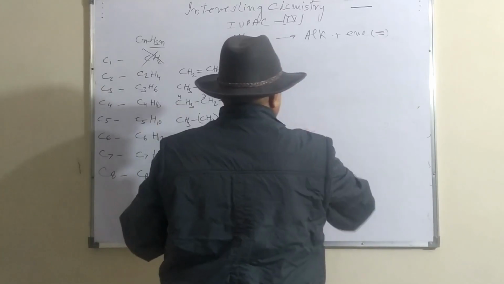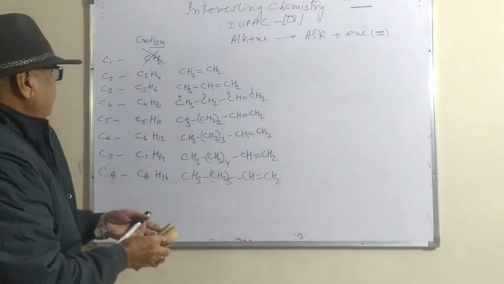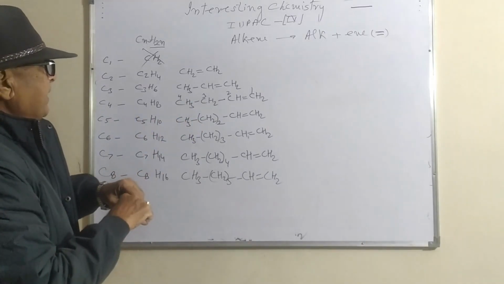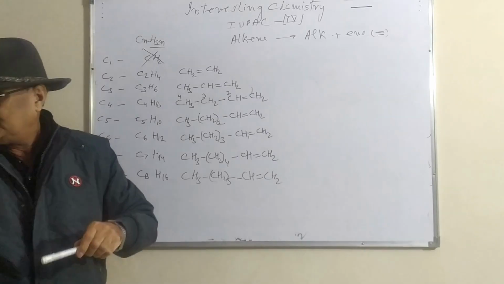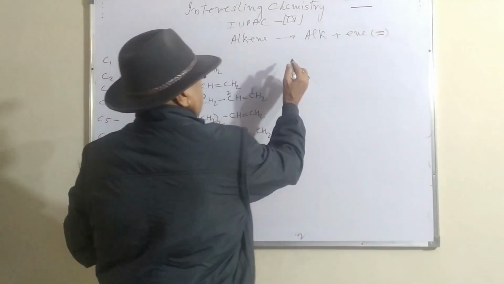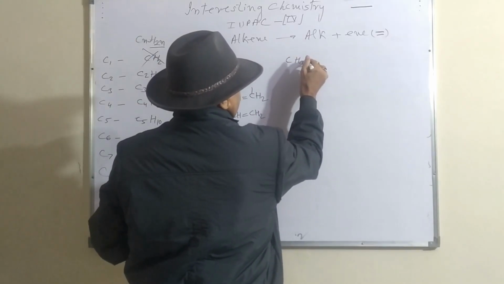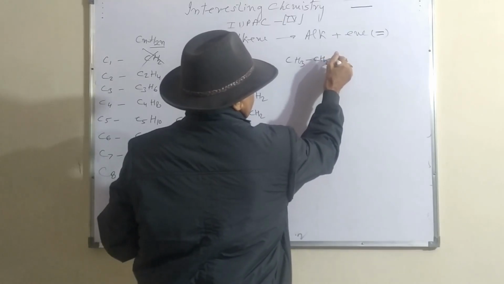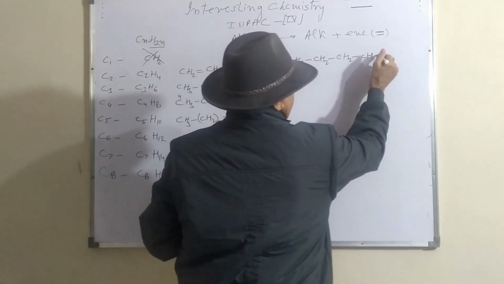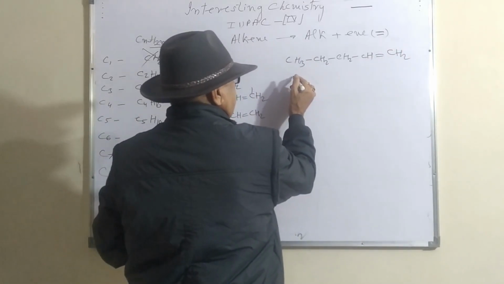Pentene. I have written the structure of CH2, so I am writing the pentene here. How will you write the different structures of pentene? Suppose you have written the 5 carbons in this way: CH3, CH2, CH2, CH=CH2.